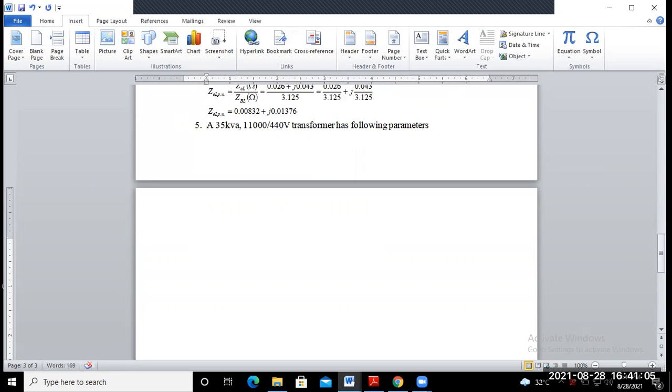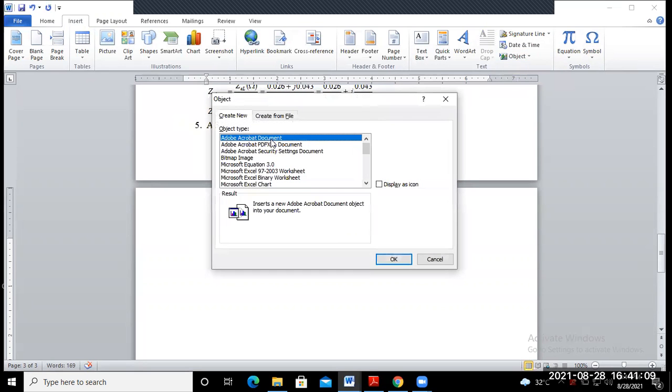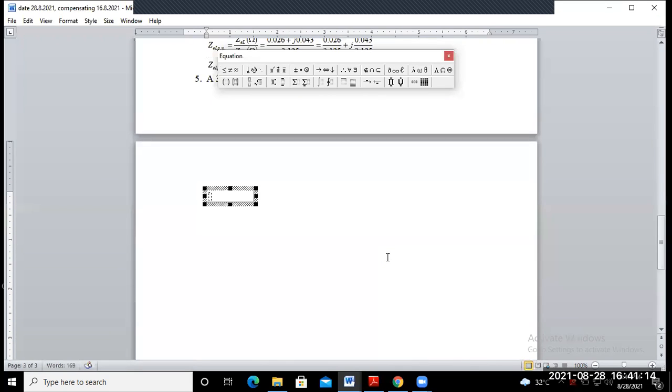So resistance on the high voltage side is represented by R1.